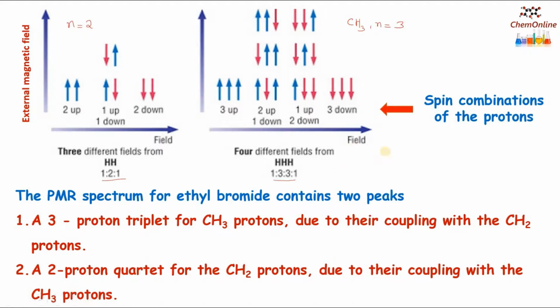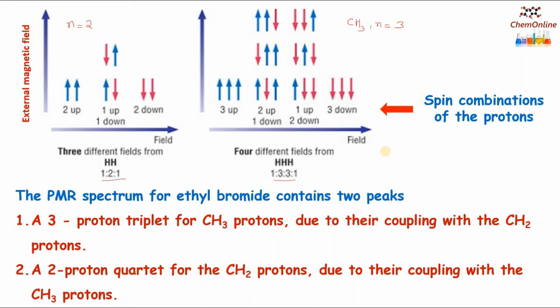So we can say that the number of lines in a signal of a specific proton and its relative peak intensities will depend upon the number of equivalent protons on the adjacent carbon atoms. The splitting as well as the relative intensity depend upon the orientation of spins of the adjacent equivalent protons.